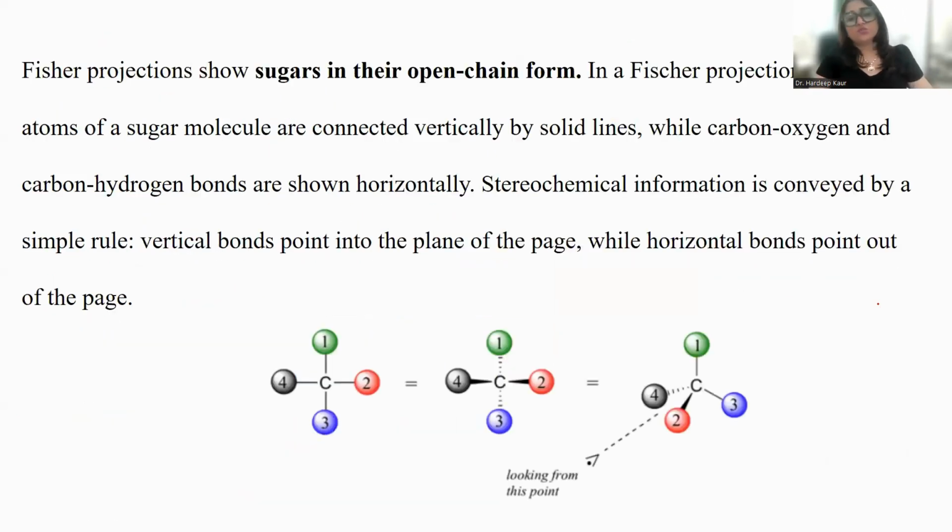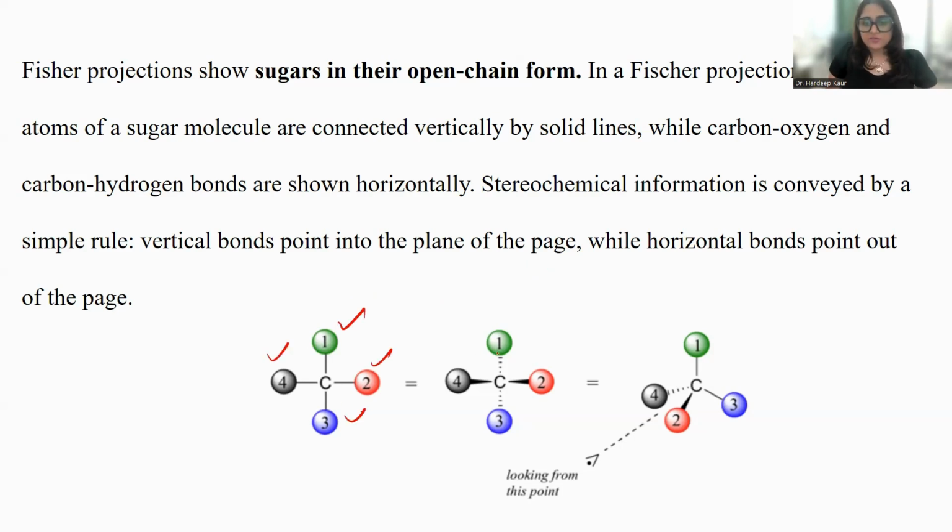Fischer projection shows sugar in open chain forms. In a Fischer projection, the atoms of the sugar molecule are connected vertically by solid lines, while carbon-oxygen and carbon-hydrogen bonds are shown horizontally. Stereochemical information is conveyed by a very simple rule: here this is one, two, three, four.